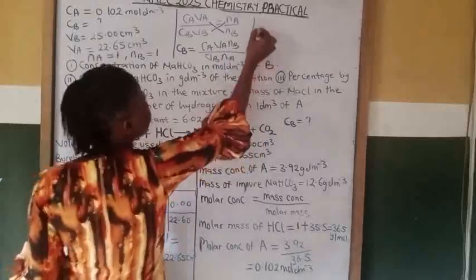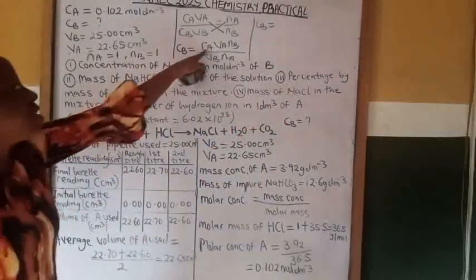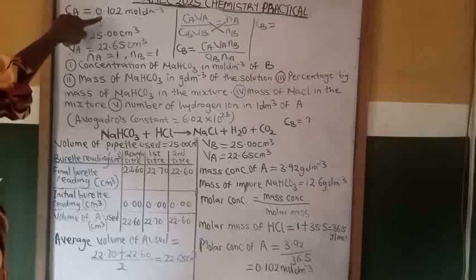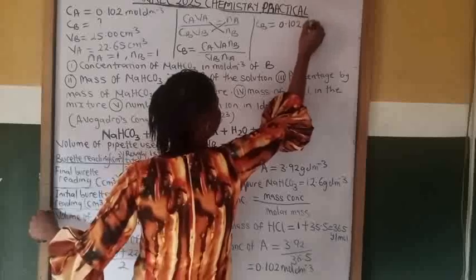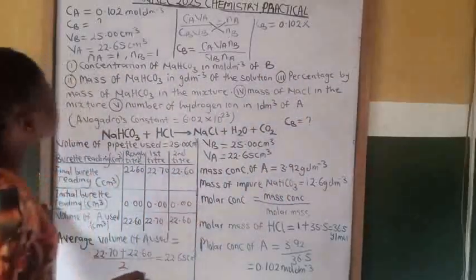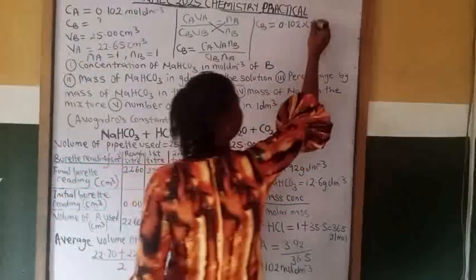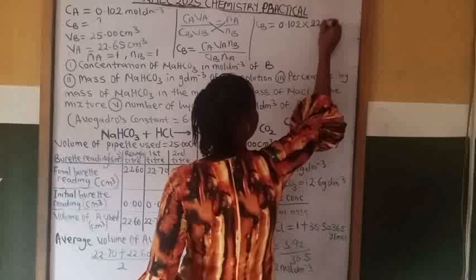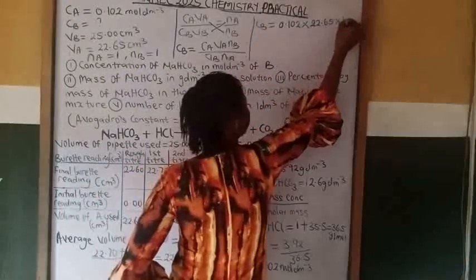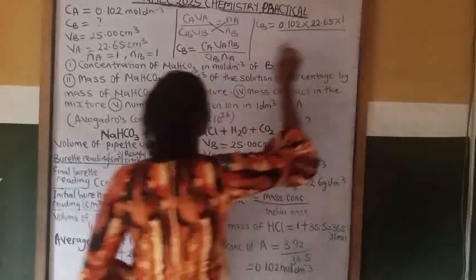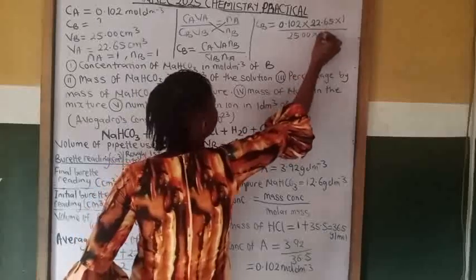So the next stage, my Cb will now be equal to, so what is Ca? Ca is 0.102 times my Va, which is 22.65, times my Nb, which is 1, then divided by my Vb, which is 25.00, times 1.